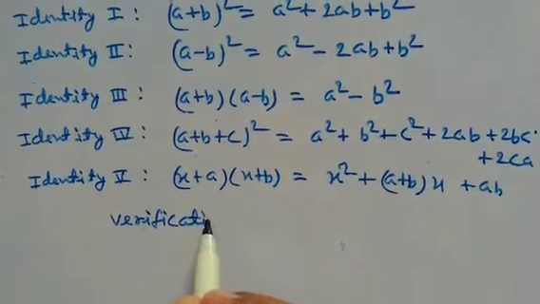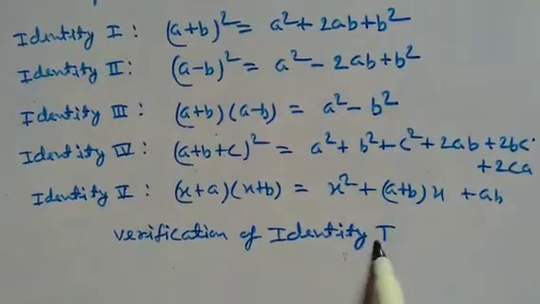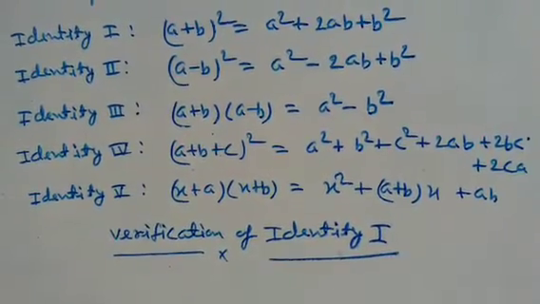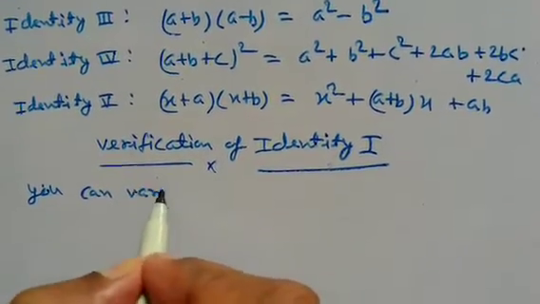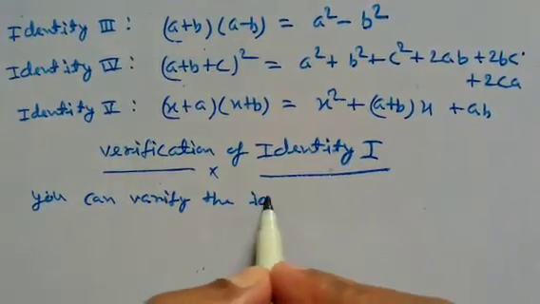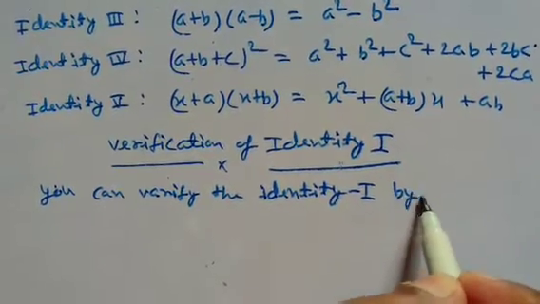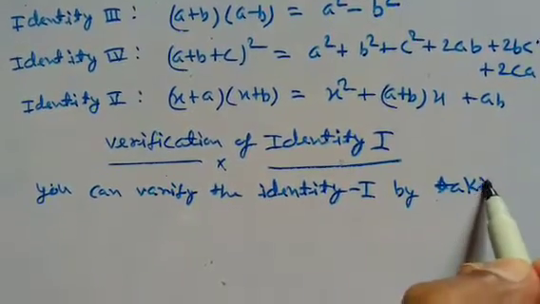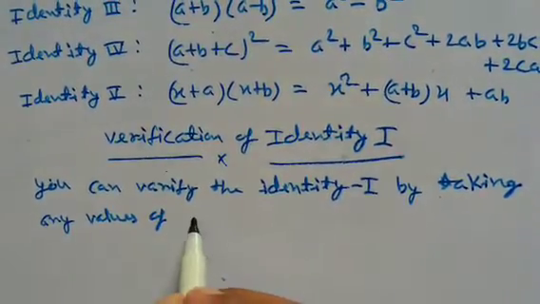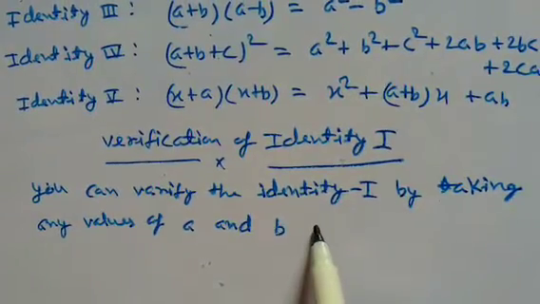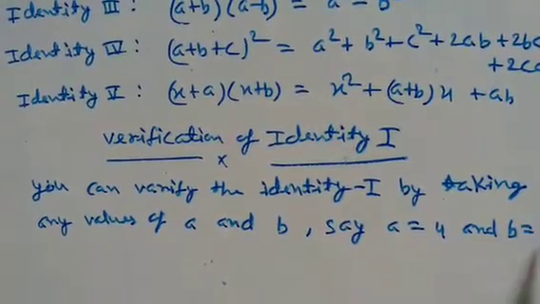Verification of identity 1. You can verify identity 1 by taking any values of a and b, say a is equal to 4 and b is equal to 2.